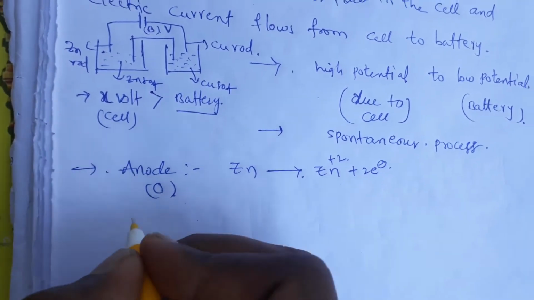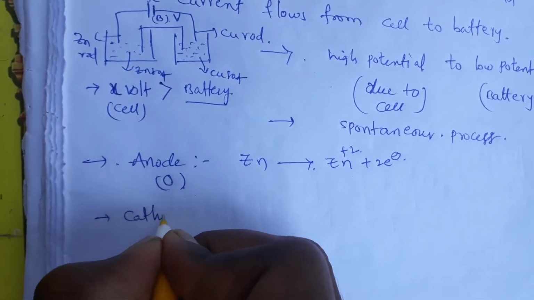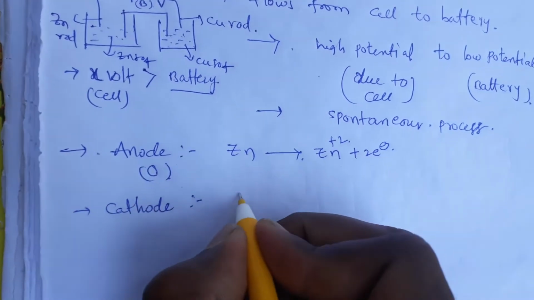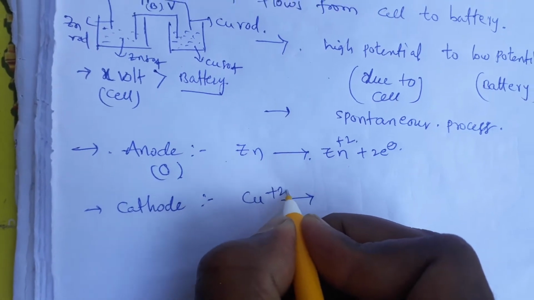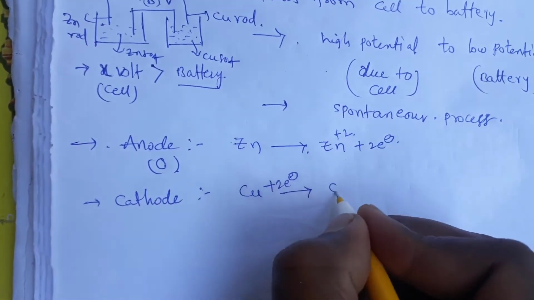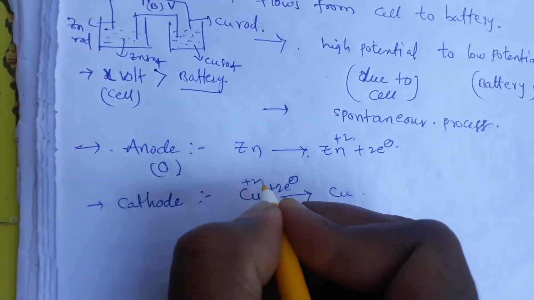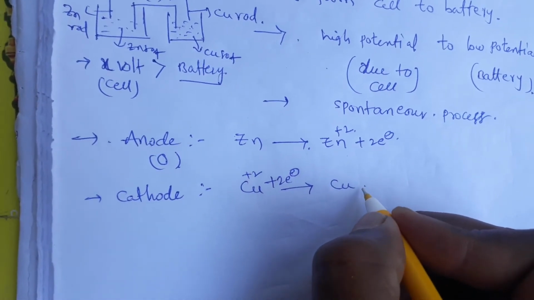Next, if you take the cathode, copper is gaining 2 electrons, that means reduction takes place: copper 2 plus plus 2 electrons gives copper.